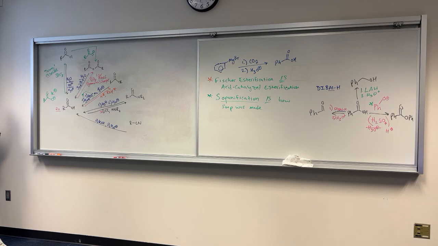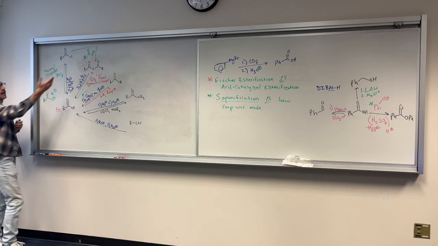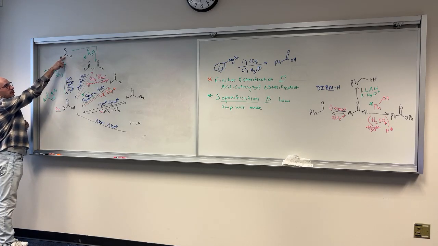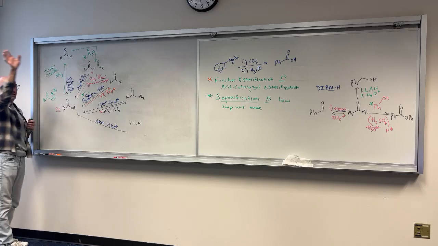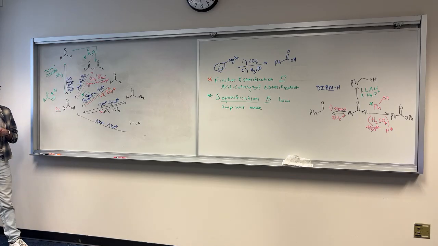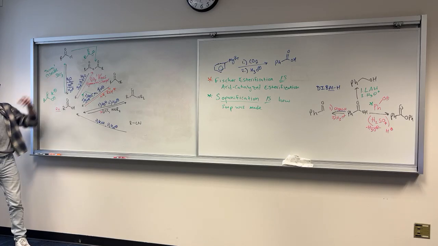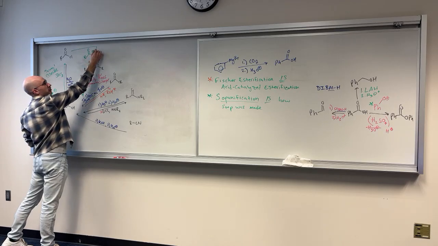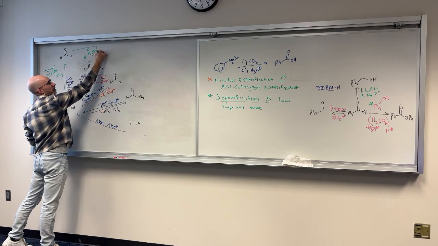This is simple substitution, acyl substitution. The carboxylate attacks the carbonyl of the acid chloride and then kicks off the chlorine as a byproduct. Two steps. This allows us to do asymmetric very easily.